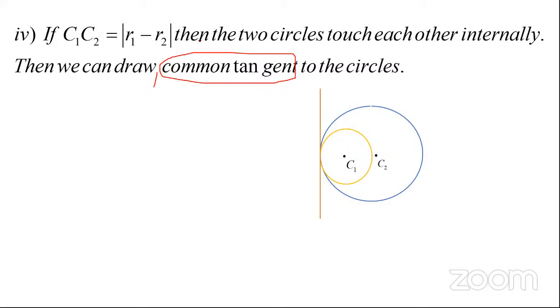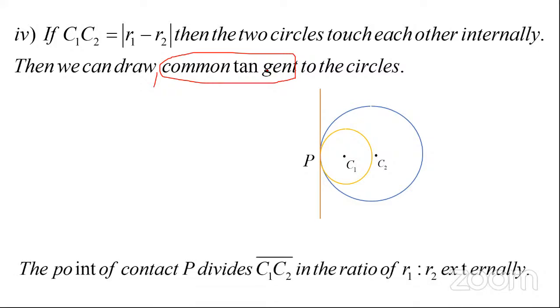If C1C2 equals R1 plus R2, that is externally touching. Then that time we can draw three tangents. Now this time we can draw only one common tangent. So the point of contact P divides C1C2 in the ratio of R1 is to R2 externally.